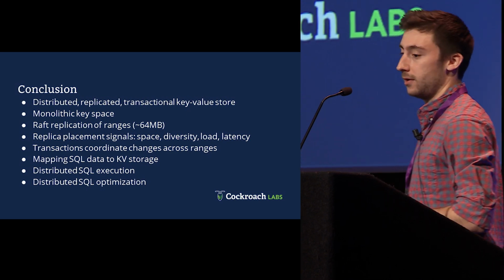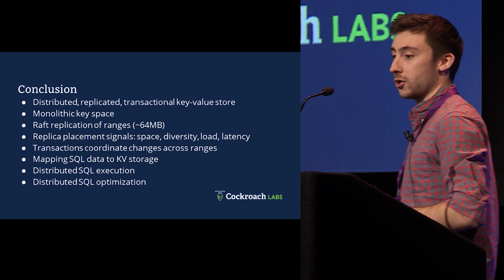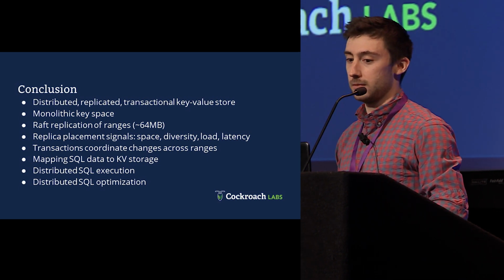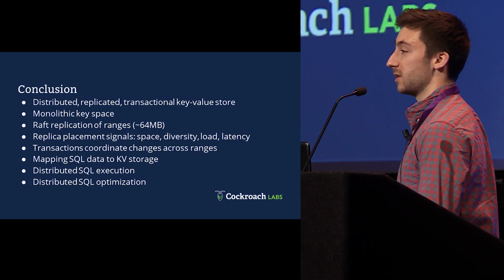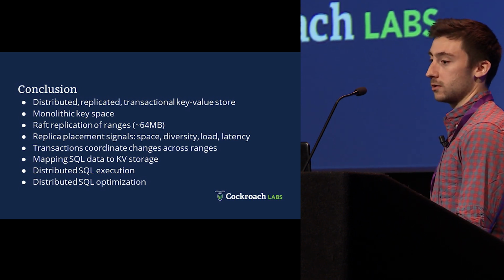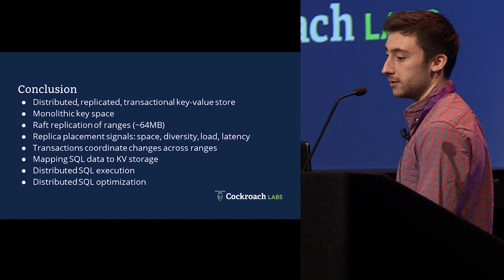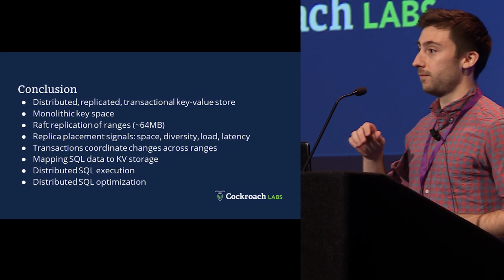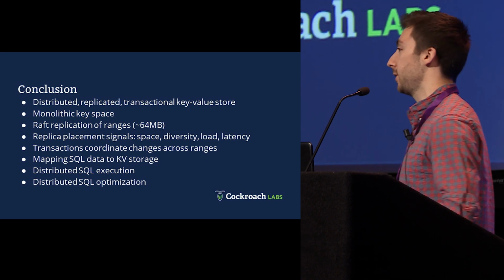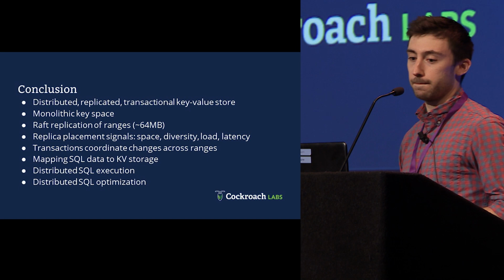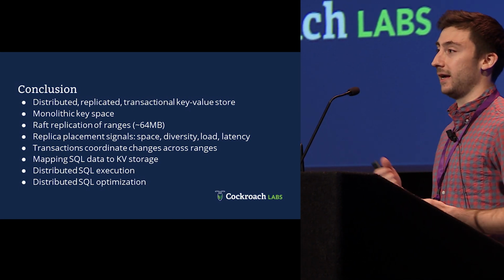So let's review. Internally, Cockroach contains a distributed, replicated, transactional key value store. The KV store exposes a monolithic key space that's physically broken down into 64 megabyte chunks. Replicas within these chunks can be placed on any node, and a set of replica placement heuristics determine where to place these replicas. Tabular SQL data is mapped onto this key value store.